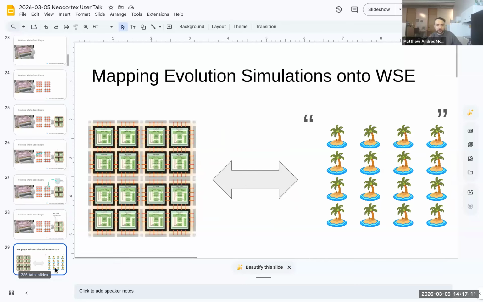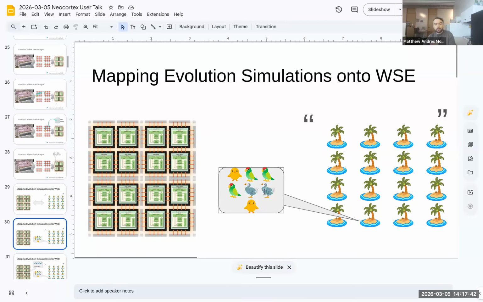I'll talk next a little bit just at a high level about the strategy being used to map evolution simulations onto this wafer-scale engine. We're using a pretty simple approach called an island model, where we treat each processor as hosting an independent subpopulation of the organisms that we're simulating.